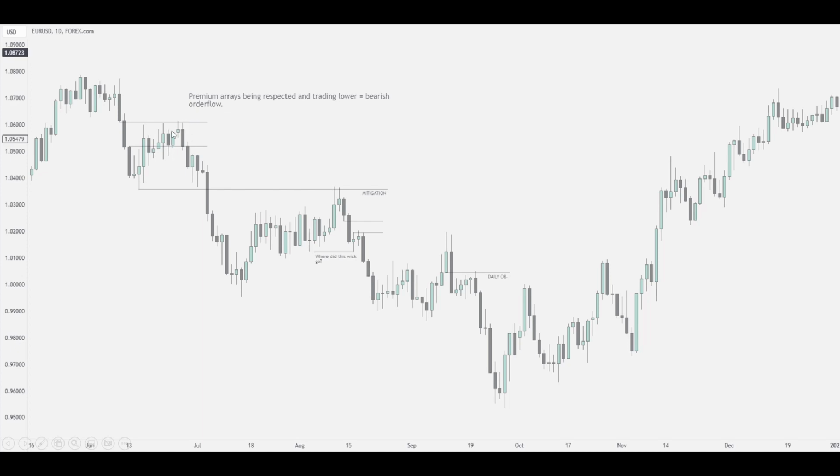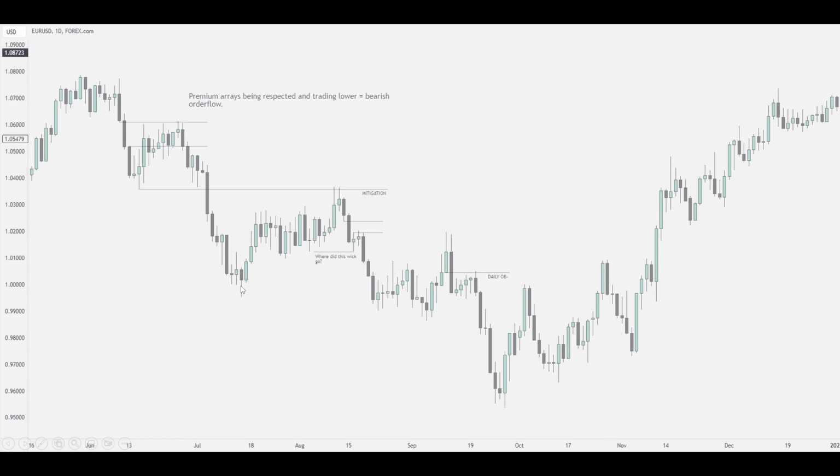So rebalance and imbalance, where can we expect price to go now? Seek liquidity down here, and then a huge leg down again, big retracement. Even when we're retracing to a premium array, which is this mitigation here, and fair value gap, but I labeled it mitigation because the fair value gap's such a big one.